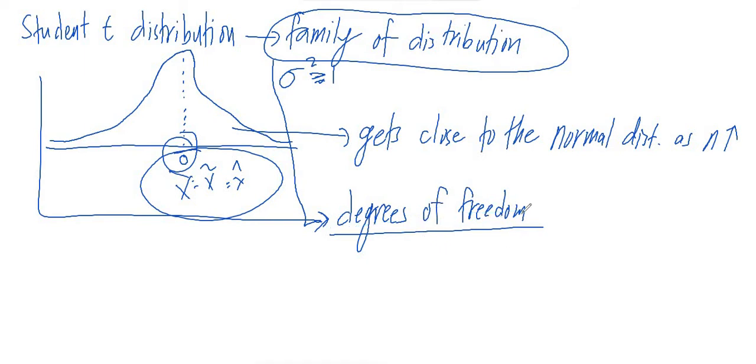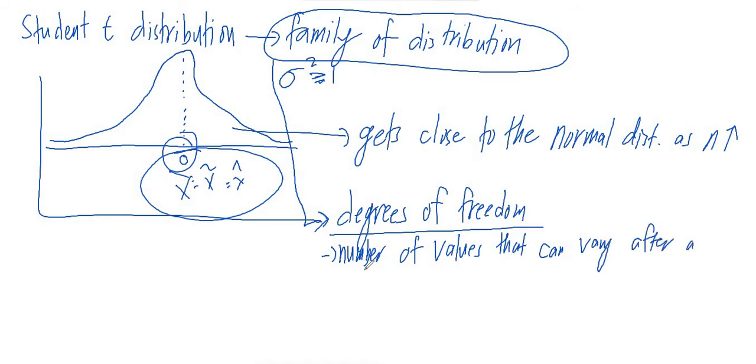This is the number of values that can vary after a sample statistic has been computed.